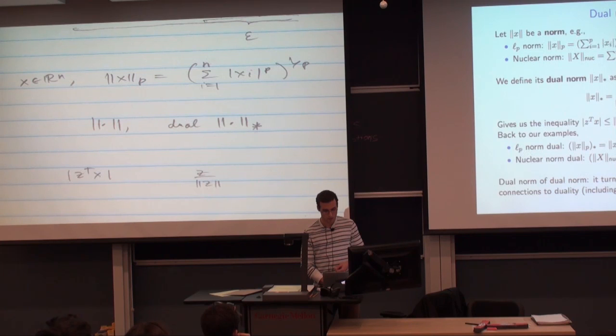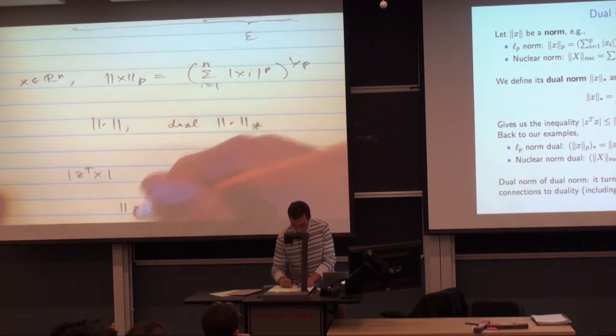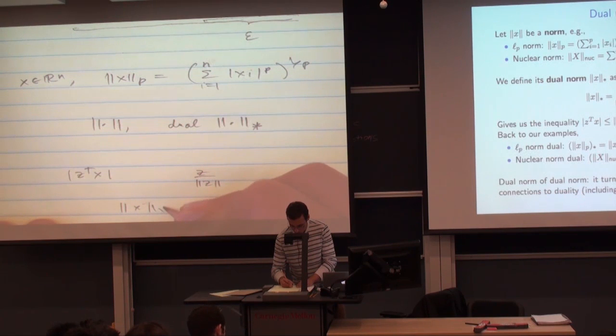Right, so the maximum is going to be bigger than or equal to x, which is equal to the max of, say, all u transpose x, for which ||u|| is smaller than or equal to 1.